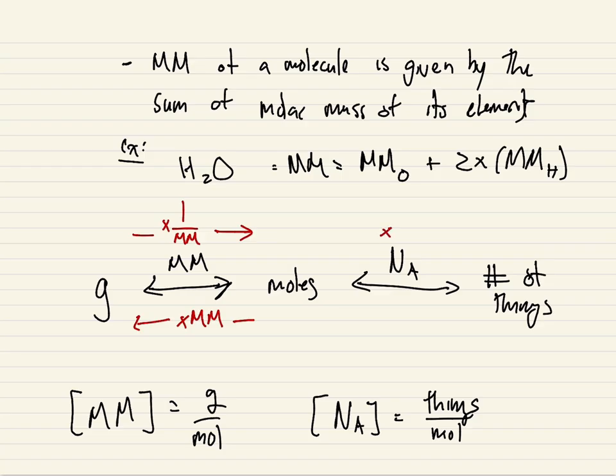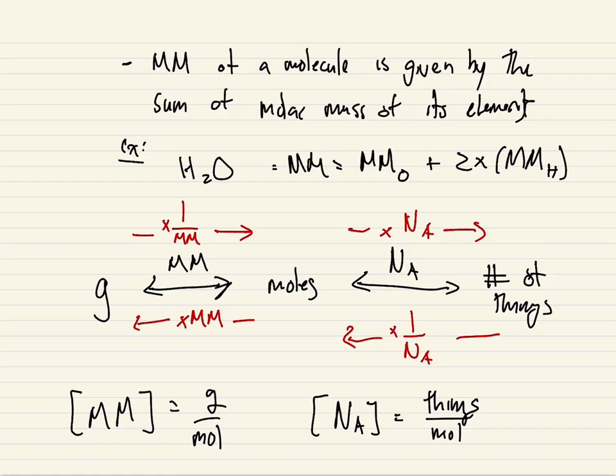Yep, we multiply by Avogadro's number when we're going in this direction, and then we divide when we're going in the opposite direction. So we're kind of building these flow charts. How do we go from units of one thing, so the mass, for example, to the numbers of those things?